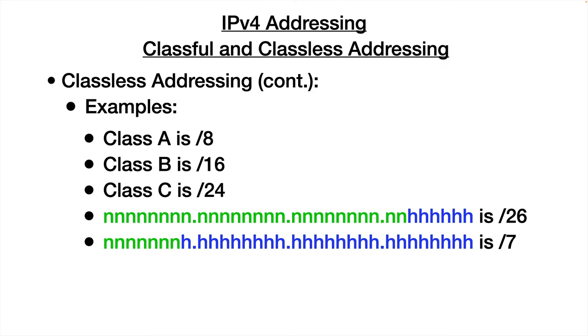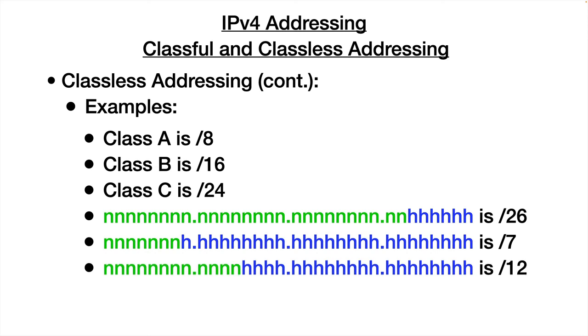Here the division point is in the first octet or the first byte, so this is a /7. And finally, this is a /12. You will have some homework assignments coming up where I have you convert from slash notation to decimal dotted notation subnet mask and vice versa. So that finishes up the discussion of classful and classless addressing.